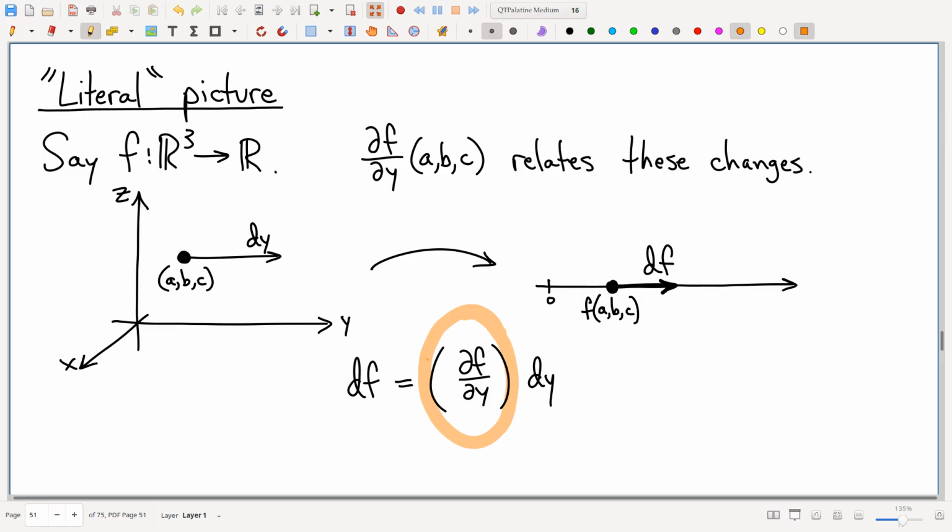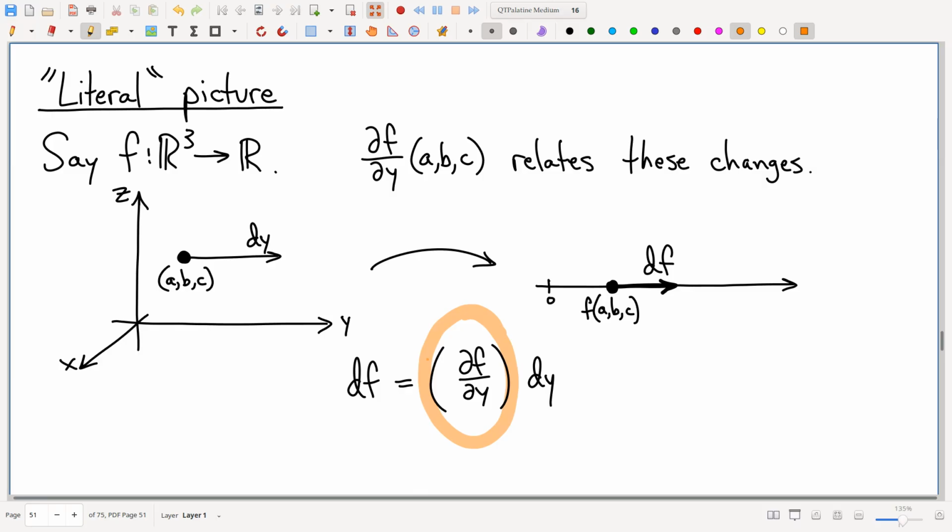And very importantly, it's not really a fraction. Now, we write it like a fraction because in many ways it behaves like a fraction. We're going to find later on that in certain ways, it doesn't behave like a fraction.